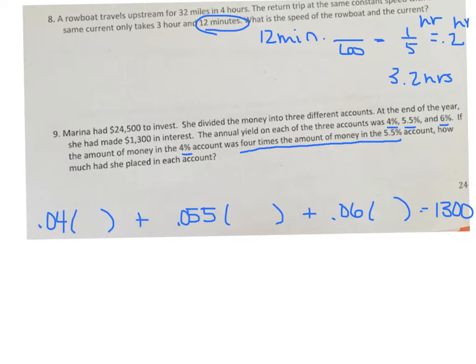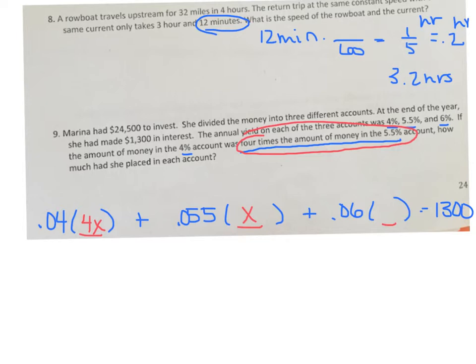We don't know how much money to put in each account, but what it does say is that 4 times the amount of money in the 5.5% went into the 4%. So if I put the 5.5% as x, the 4% would then be 4 times x. But it doesn't say anything about the 6%.